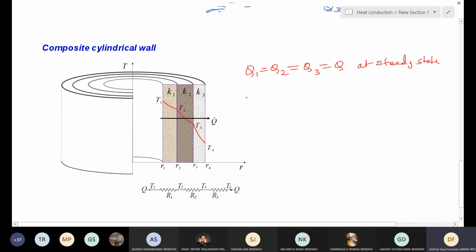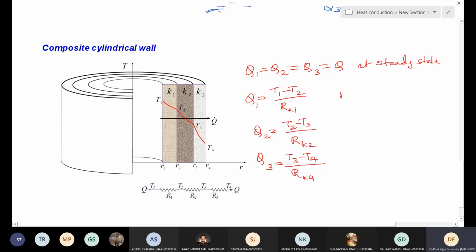Q equals Q1 equals T1 minus T2 divided by RK1. Similarly, Q2 equals T2 minus T3 divided by RK2, and Q3 equals T3 minus T4 divided by RK3.